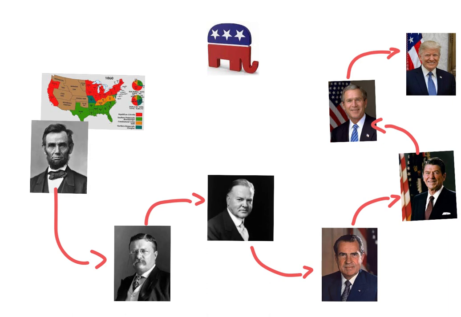And then the huge shift to the right under Donald Trump. Undoubtedly, the Republican Party have become increasingly conservative in the 21st century. Right now, out of the wide range of factions within the Republican Party, the Trump wing is most dominant.